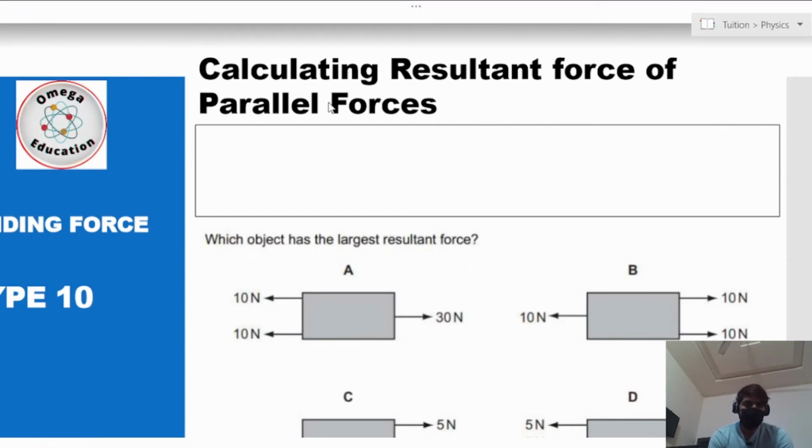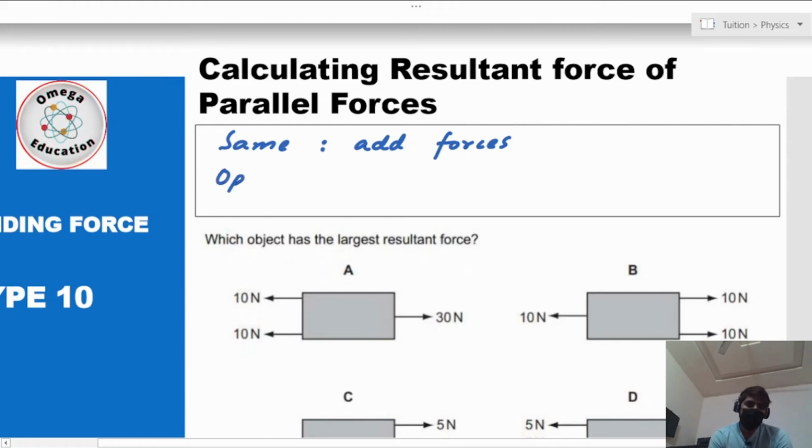So in that case, the rule is, if the forces are in the same direction, you simply add the forces.